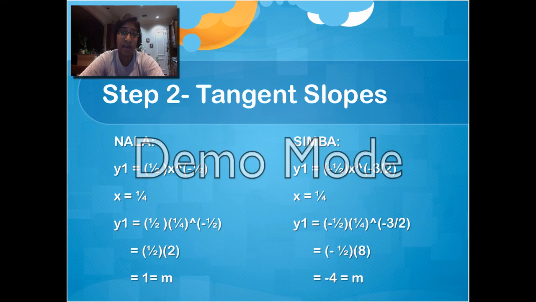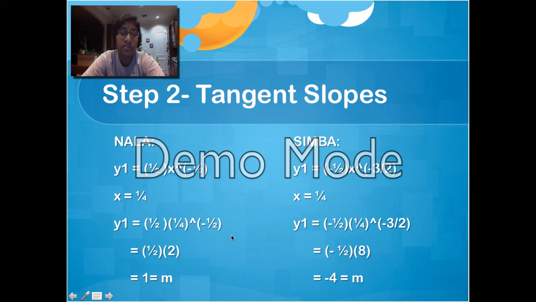Next, we're going to have to find the slope of the tangent line. We found the derivatives of both of the paths, and we know that the tangent line intersects the actual path at x equals 1/4.